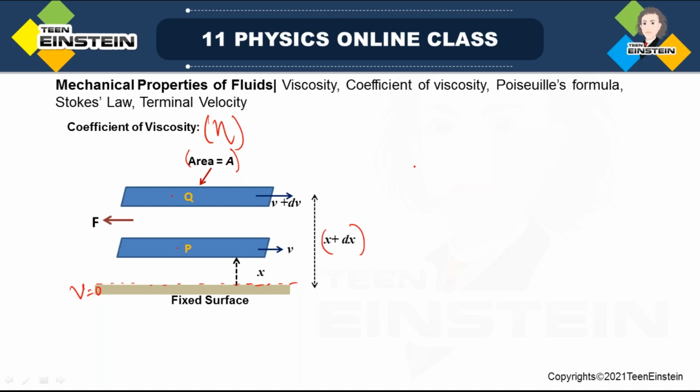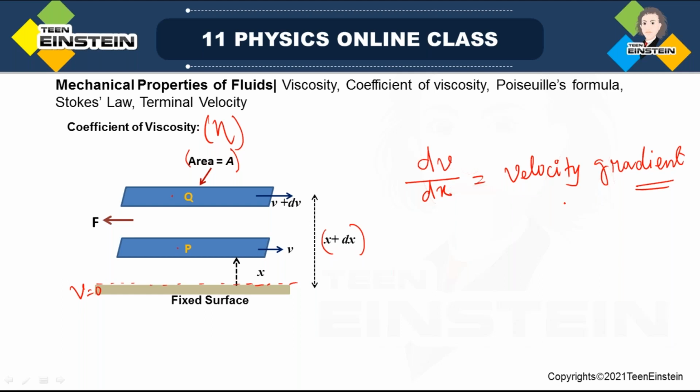Change in the velocity with distance is dv/dx. This is called velocity gradient. So change in the velocity with distance is called velocity gradient.